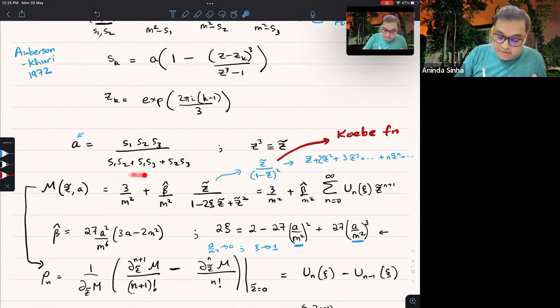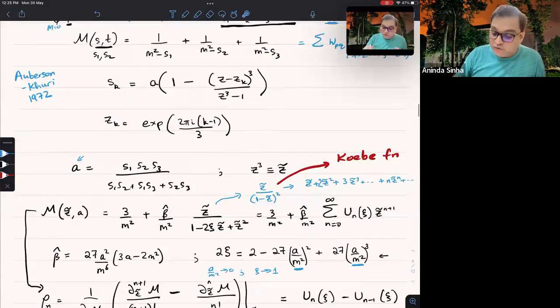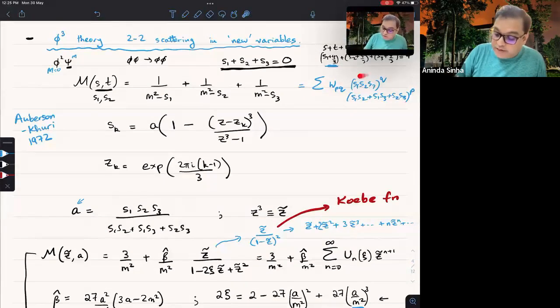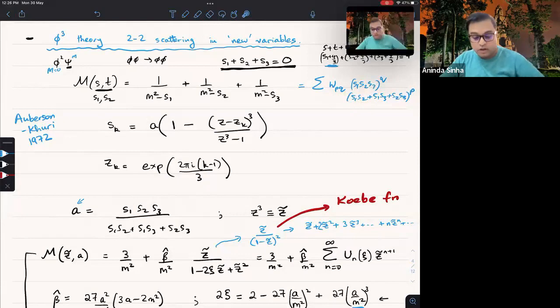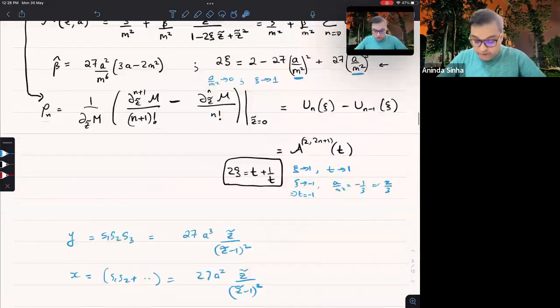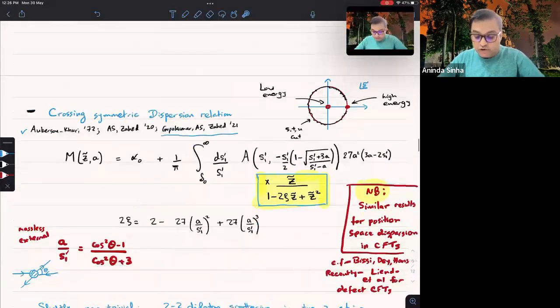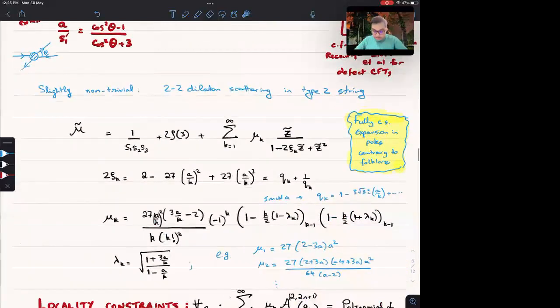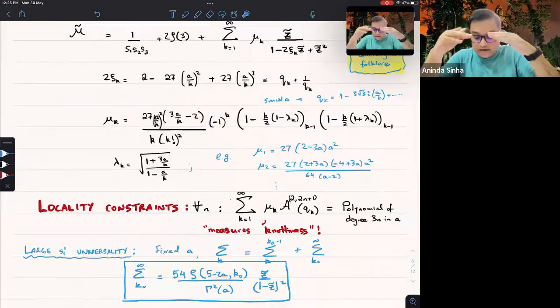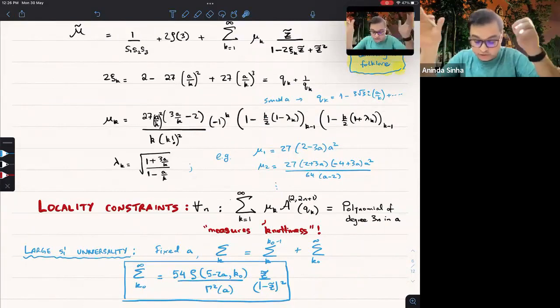That is not of this form here, where you expect only positive powers of this quadratic invariant and cubic invariant. So the penalty that you have paid is that for a fixed level, you've lost locality. For a fixed level number, you don't have locality. You recover locality only when you sum over all the levels.